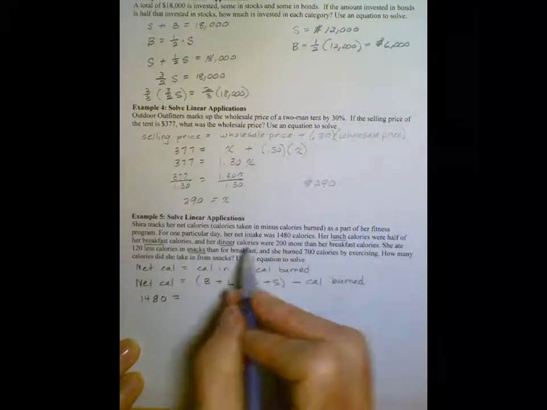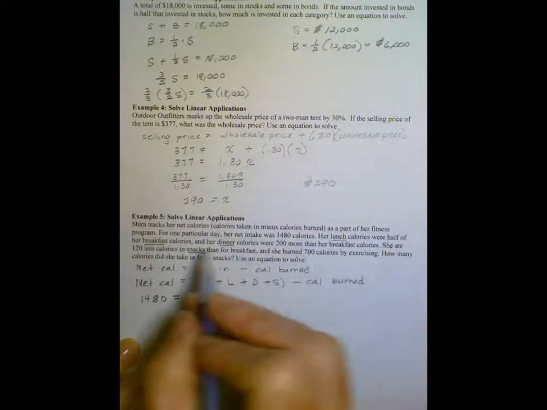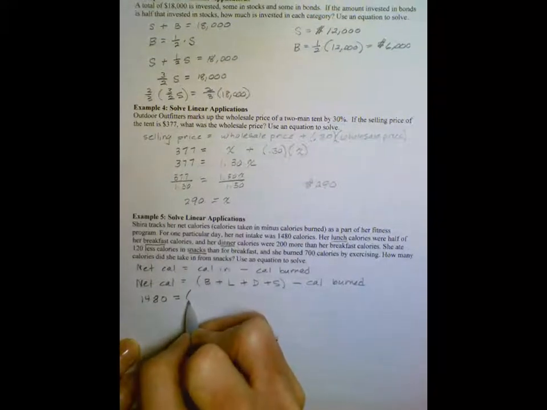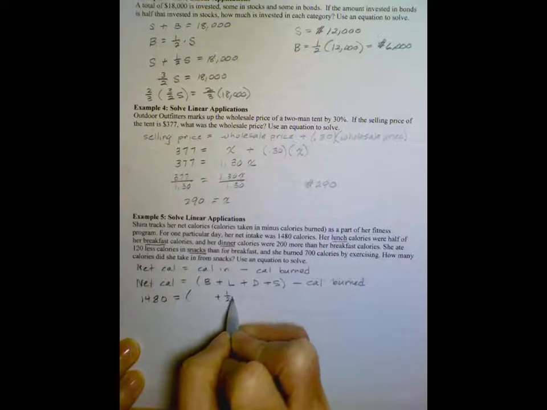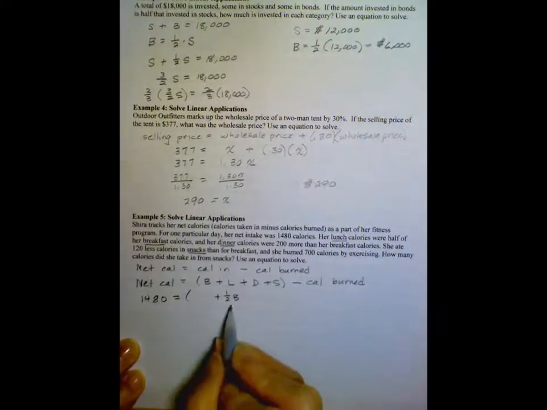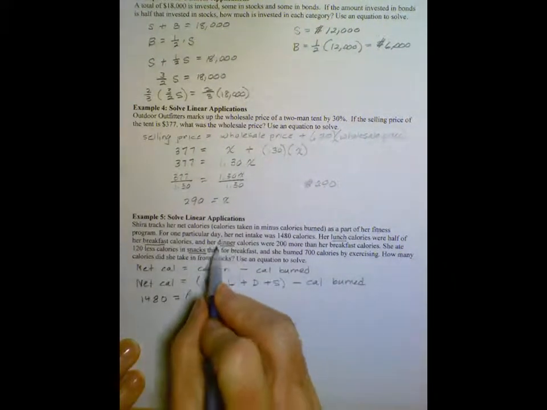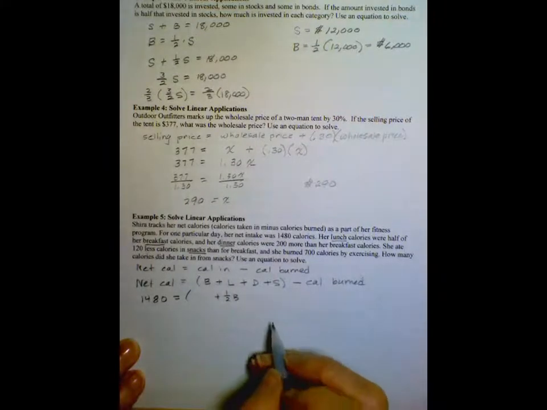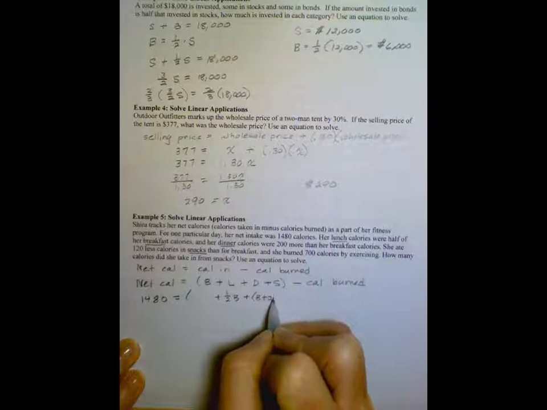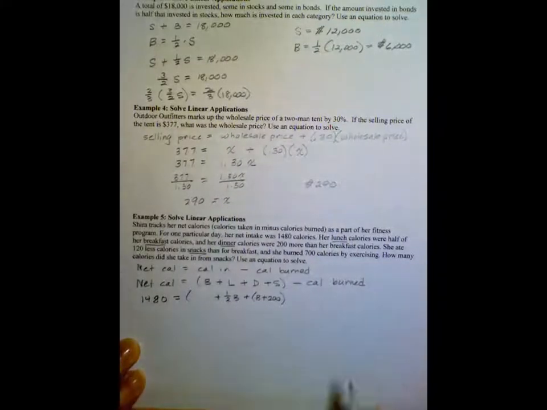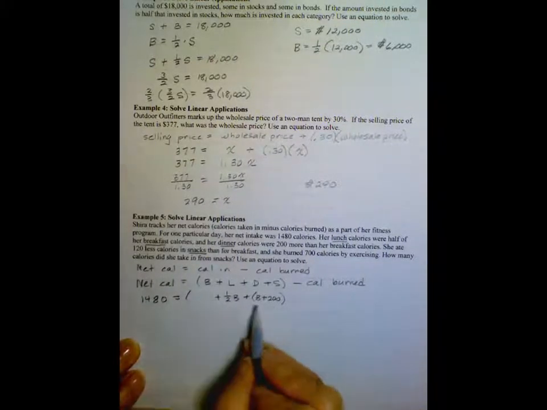And they start telling us things. Let's see. Her lunch calories were half of her breakfast calories. So I'm not going to write anything for breakfast yet, but for lunch, I can put 1/2 B. Okay. Her dinner calories were 200 more than breakfast. So for dinner, I'm going to put B plus 200. Put it in parentheses like that so I can keep them separate and I can see what's what.